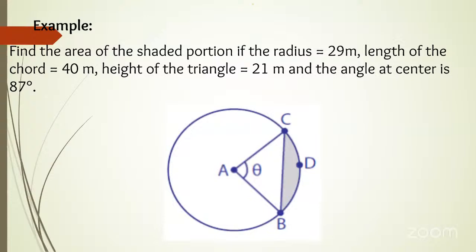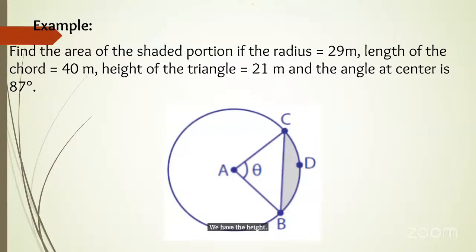What is the first thing that you're going to find? You want us to tackle the sector first or the triangle? The triangle. All right. What do we have for the triangle? The height. We have the height.